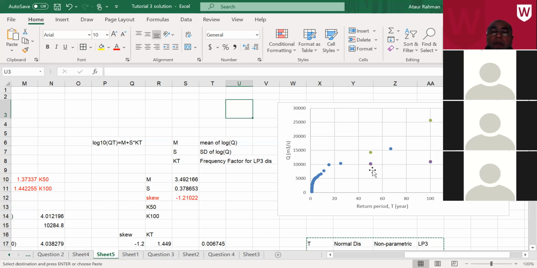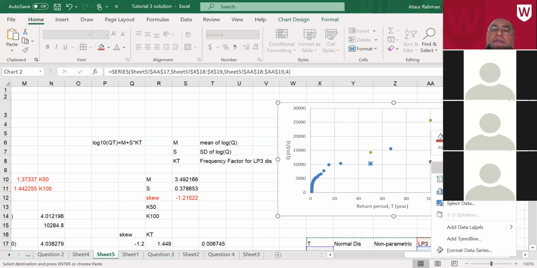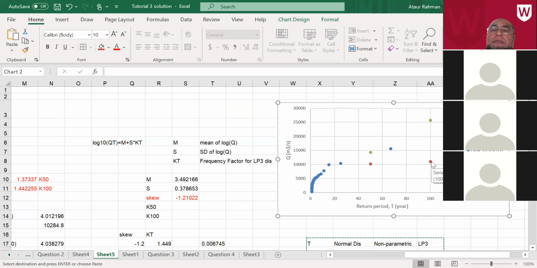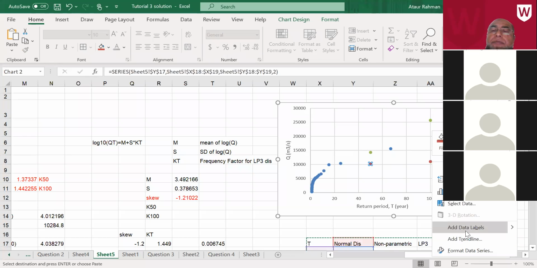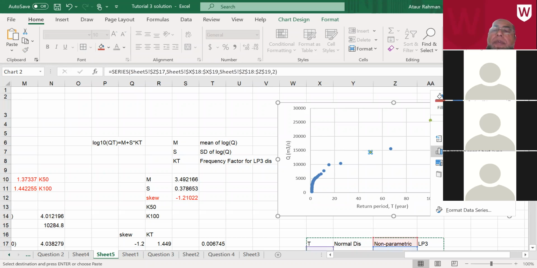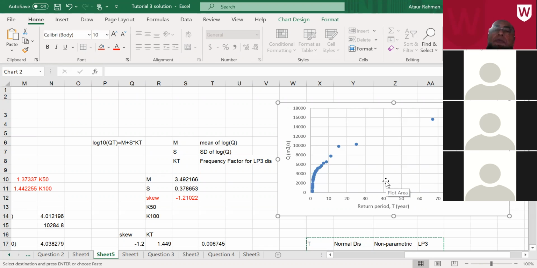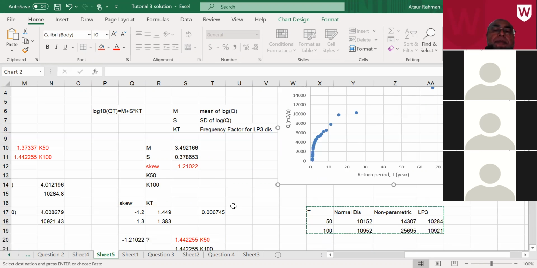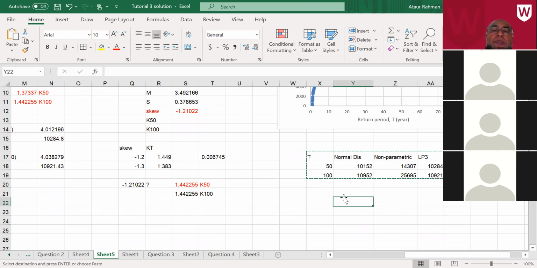Sir, can you repeat how you add the second series below, for the normal distribution? Okay, let us delete this first. Let us delete this point. Now we have only the observed data. And now we have this table we have created.